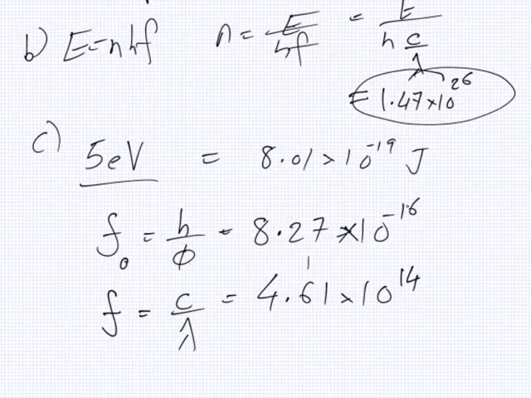Yeah, sorry, I typed this in wrong, sorry, that's 26. No, I typed that in wrong again! Is it 5 electron volts for the... Yep. Sorry, I was right the first time, minus 16.